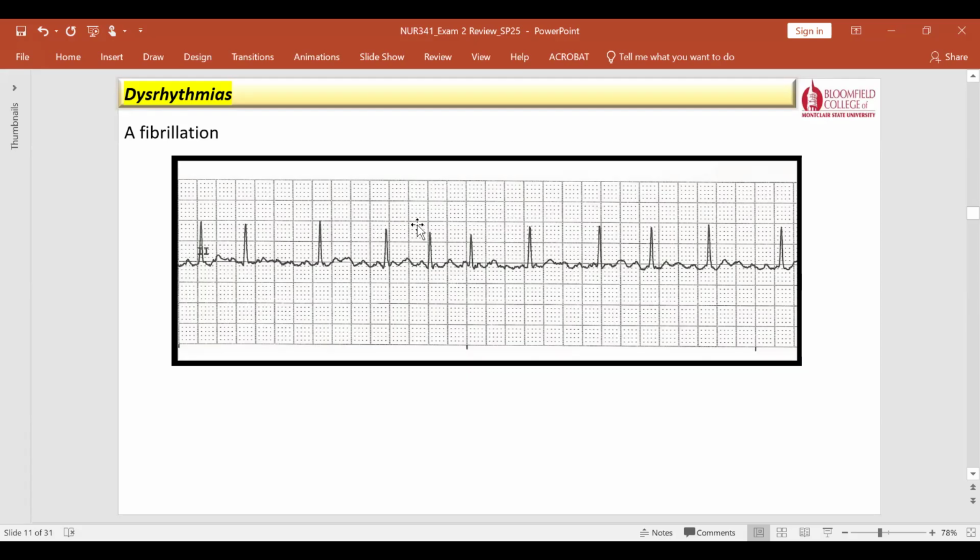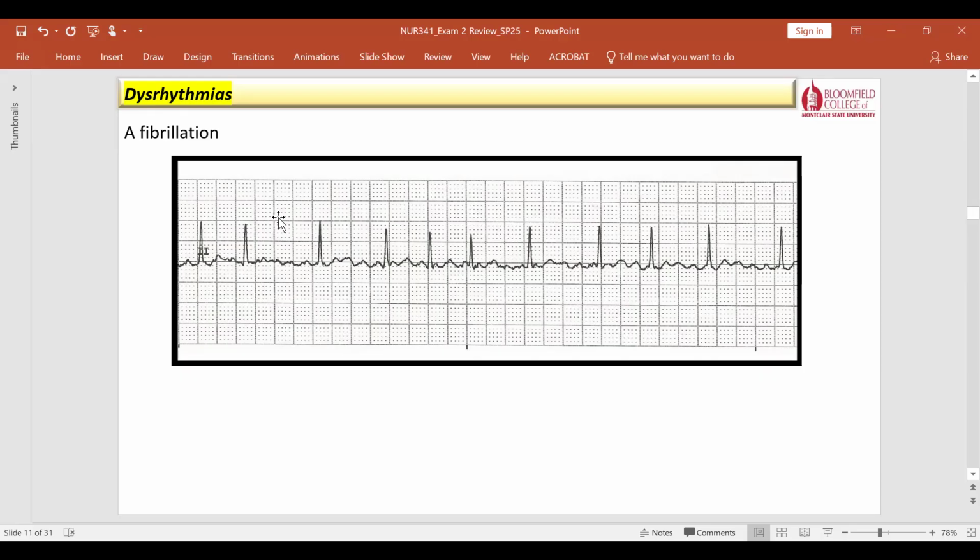It can go up to less than 5 boxes. So how many large boxes are supposed to be from R wave to R wave to be within range? Within range is a heart rate of 60 to 100. It is supposed to be between 5 boxes and 3 boxes.